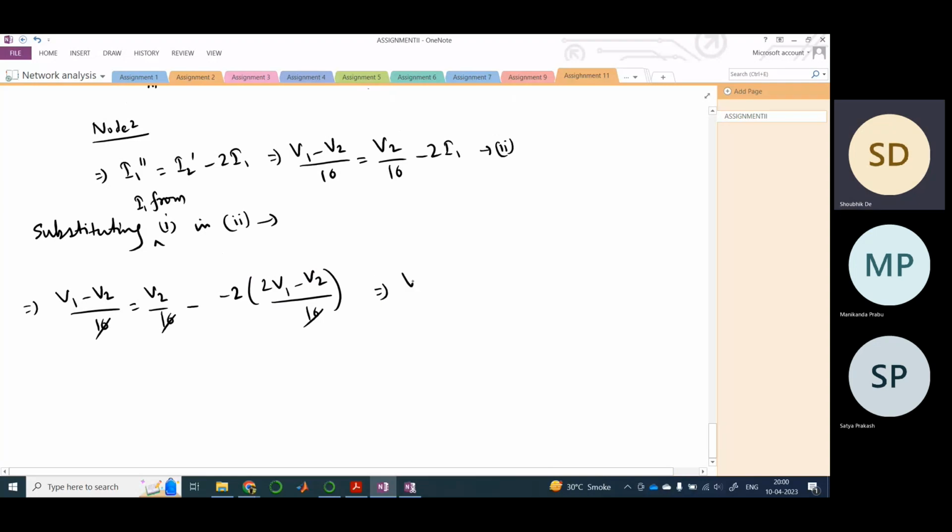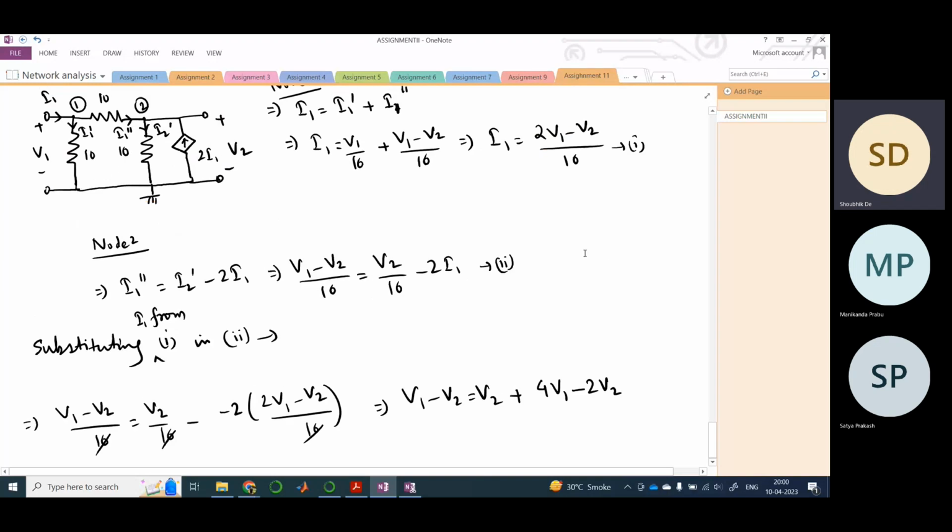So we cancel all of this. So V1 minus V2, and this minus minus becomes plus, right? So 4V1 minus 2V2. I did make some mistake maybe somewhere. Just a minute, hold on. Oh, there is no minus sign here. No? There is already a minus.